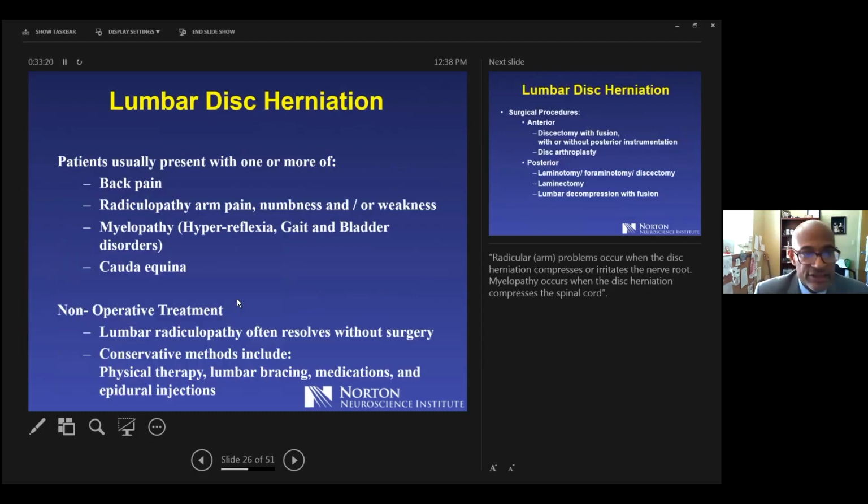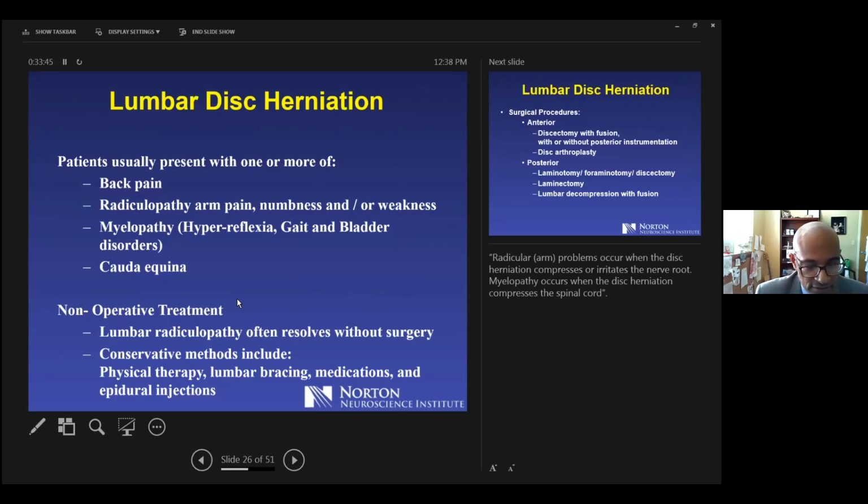Patients with disc herniations usually present with one or more of the following. Typically starts off with back pain. Once the back pain starts, patients will say, I woke up with this, or I did something, felt a pop in my back, got back pain. And then shortly thereafter, they'll start developing the radicular pain. And the radicular pain can go down the arm, it can go down the leg, it can have numbness, tingling, and weakness. You can develop myelopathy from this.